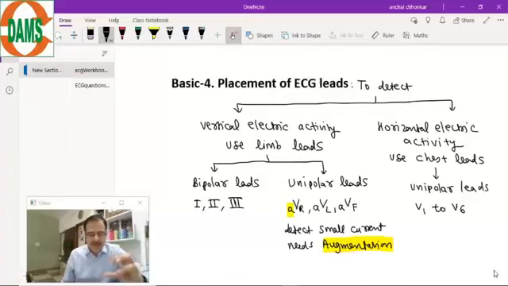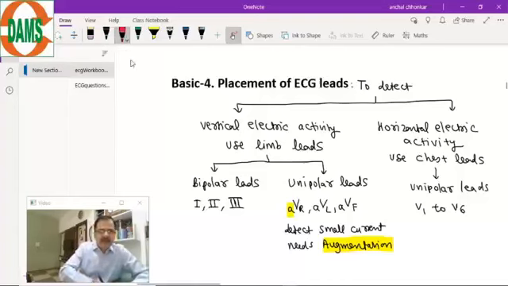What to detect: the vertical electrical activity, from the SA node to the apex, like this. This is a vertical plane. We will use the limbs, and in the limbs we have two lead systems. One is known as the bipolar leads.